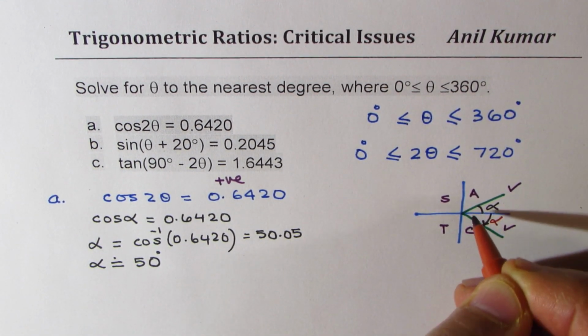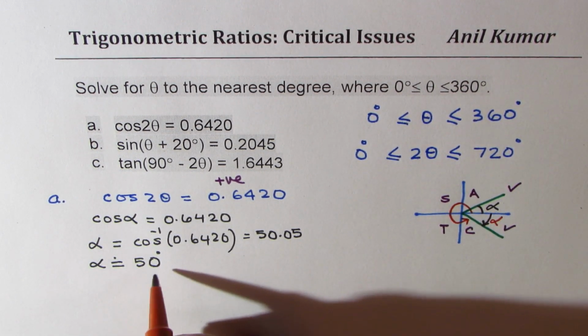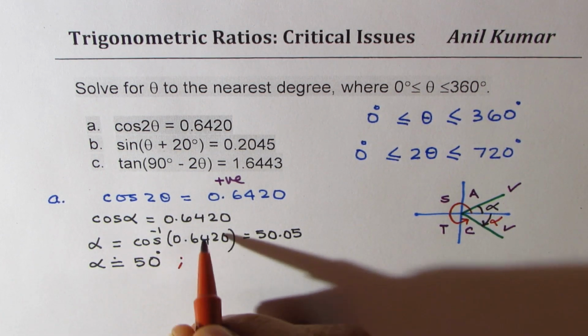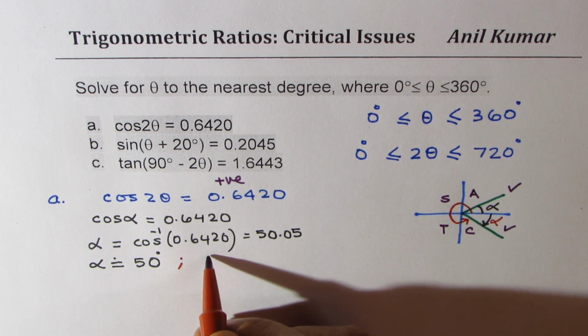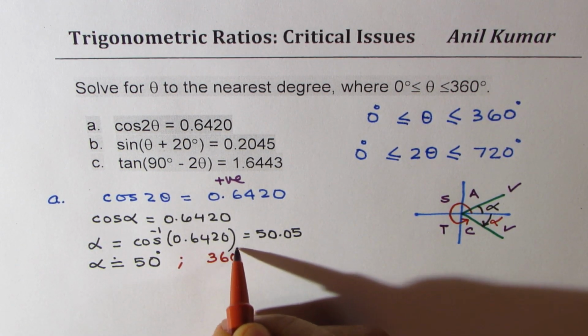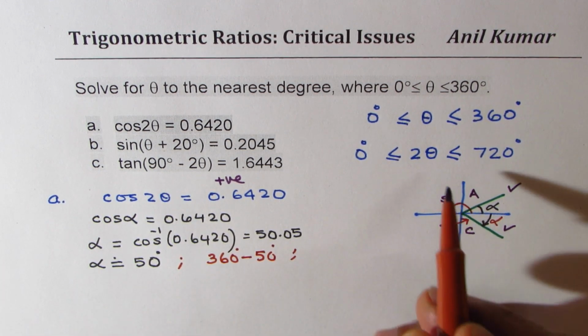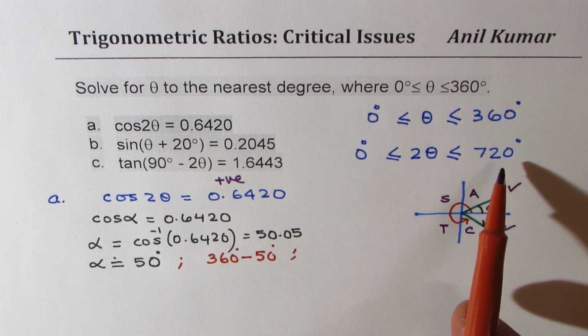This is also alpha, right? But I'll write this as 360 minus alpha. So the other angle which will be giving us the same value will be 360 degrees minus 50 degrees. Do you see that?